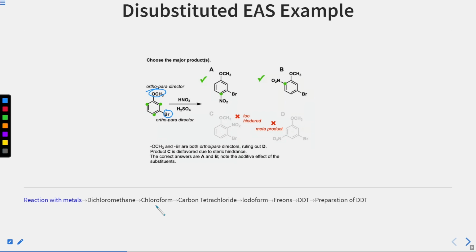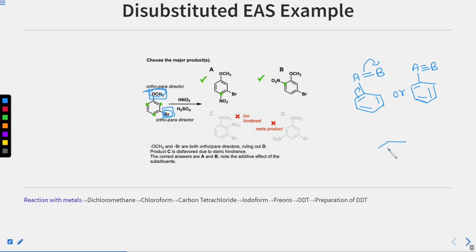Here the two substituents are OCH3 and Br. If you remember the previous class, I put up a general idea to decide whether it is ortho-para directing or meta directing. If a compound looks like this, or whether it is having a triple bond, in both these cases it will become meta directing because it will go like this.